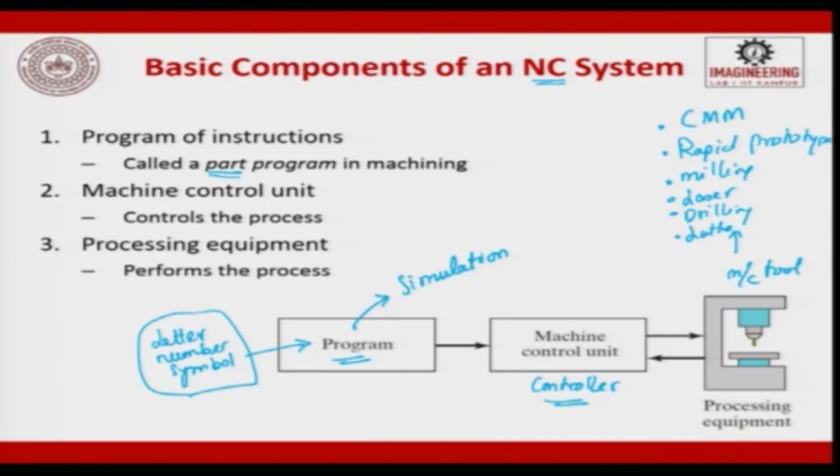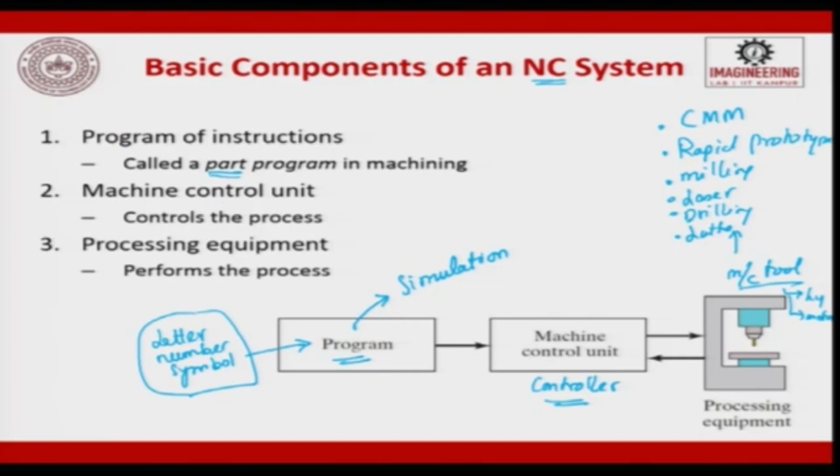So, this is a machine tool, attached to a controller. The controller will understand the program, and then the machine tool will convert it into information such that you can execute the movement happening here. Inside the machine tool we will have hydraulic drives, we will have motors, all these things are part of the machine tool. Okay. Three basic components: programming is 1, machine tool control is 2 and processing equipment is 3.